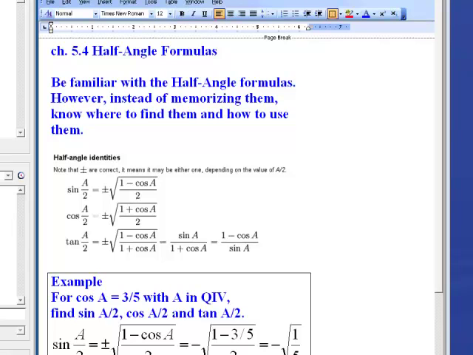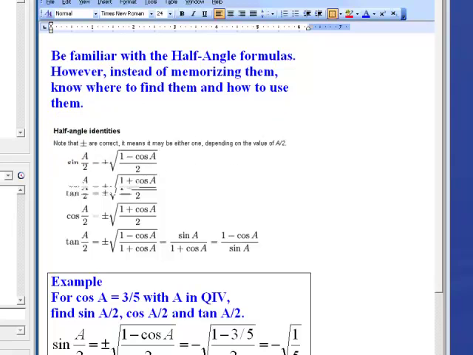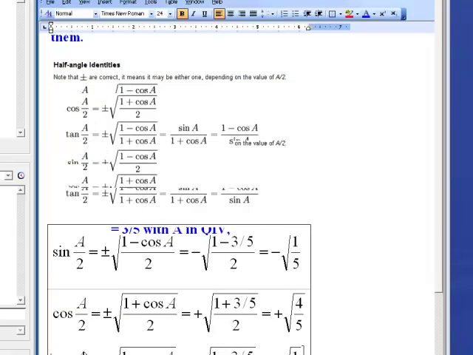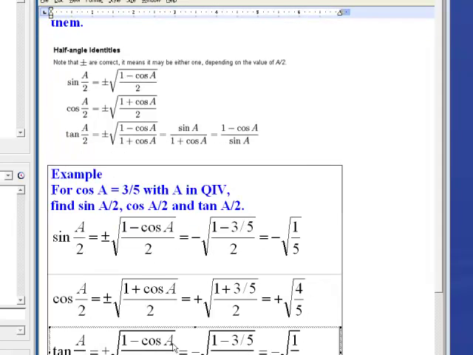And the third one is going to be tangent A over 2, plus minus the square root of 1 minus cosine A divided by 1 plus cosine A. You can easily derive that from the other two. As you divide sine by cosine, you come up with this particular fraction.